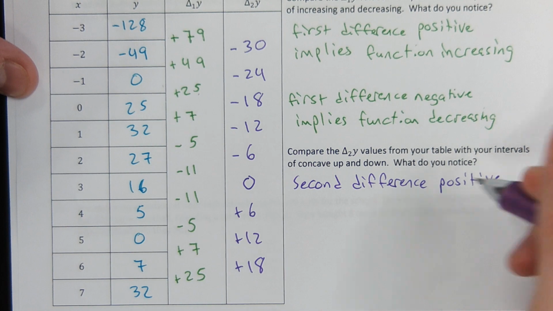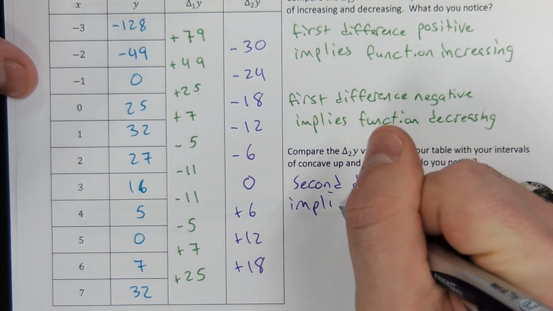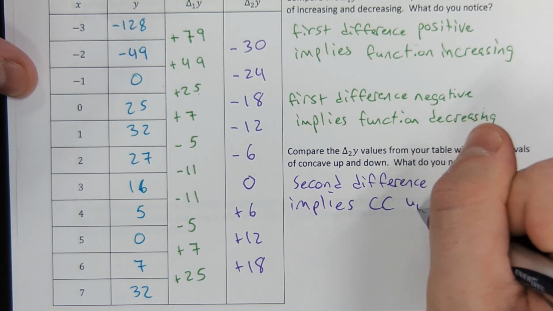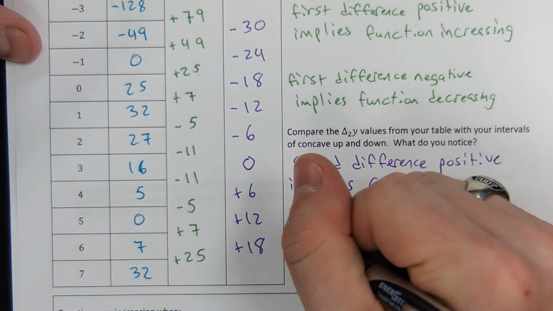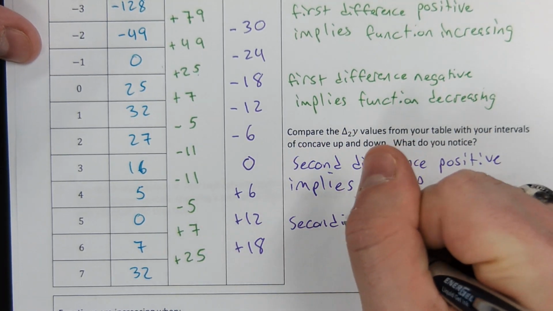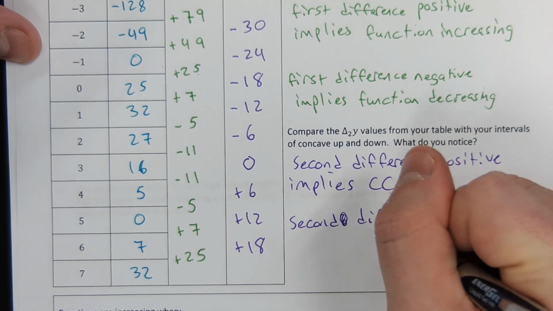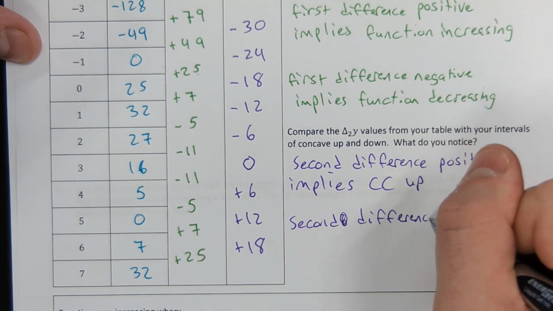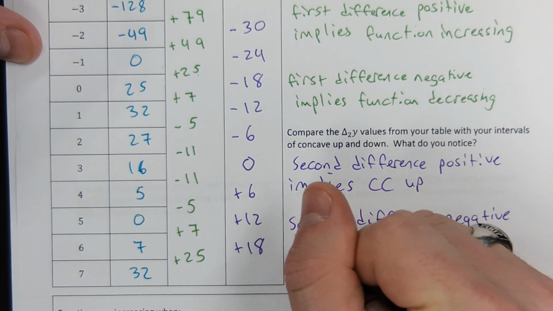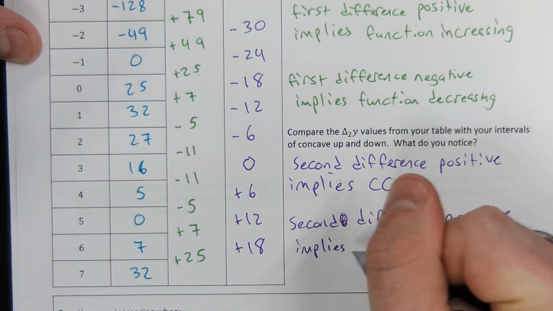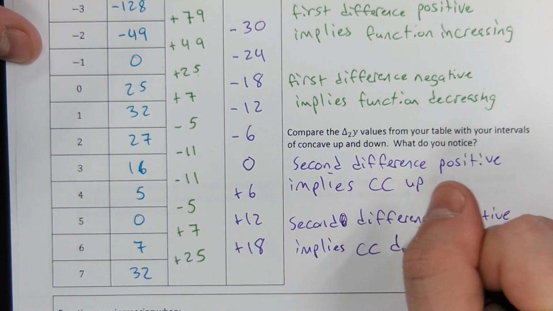I'm going to say it the other way around. So second difference positive implies concave up. Second difference negative, whoops, implies concave down.